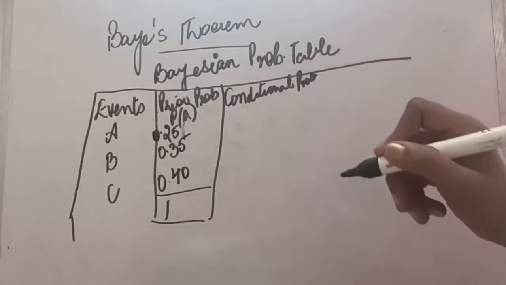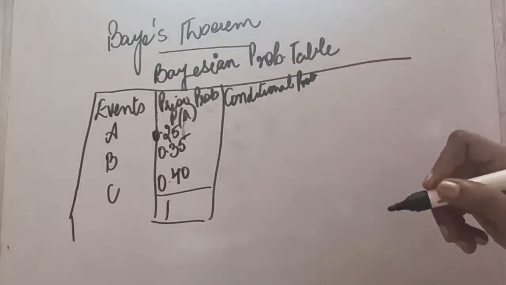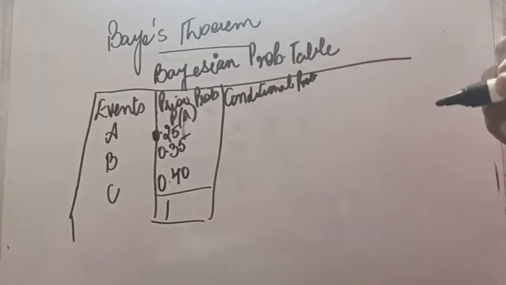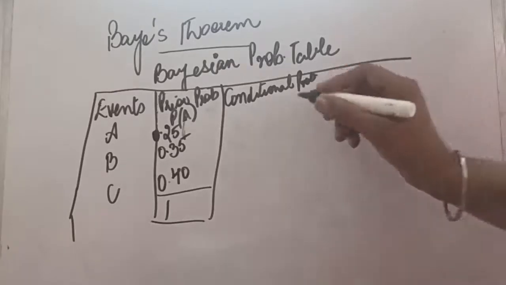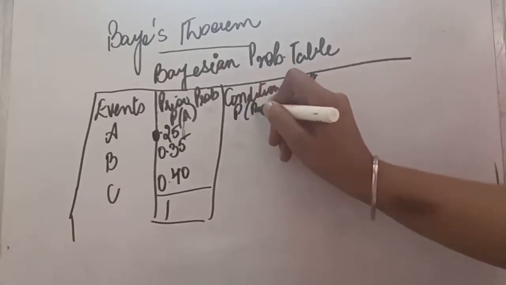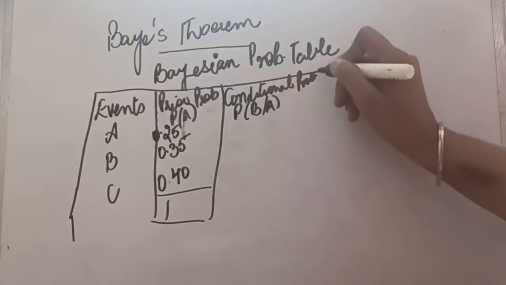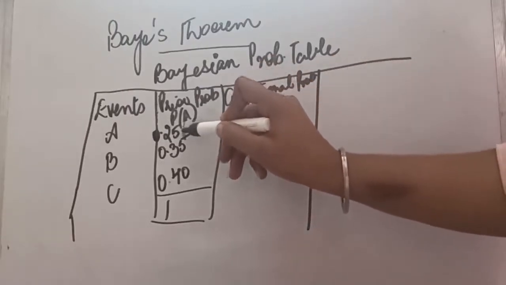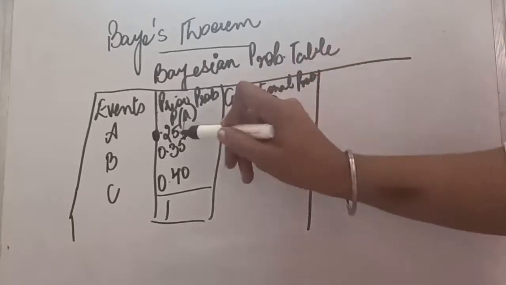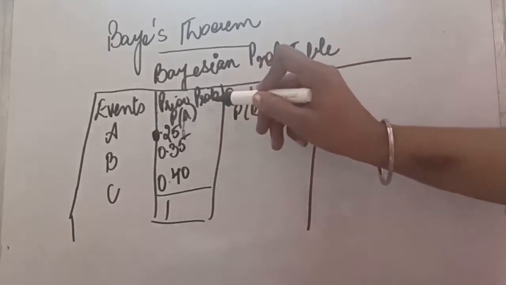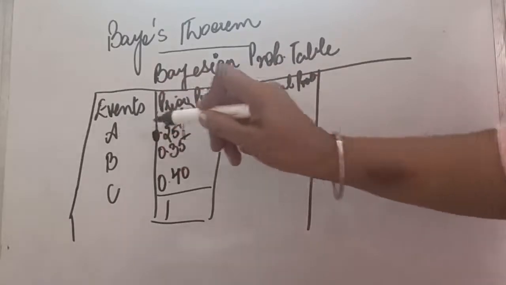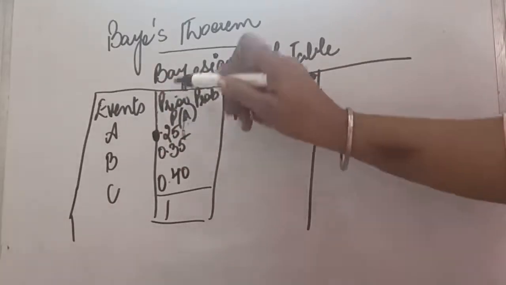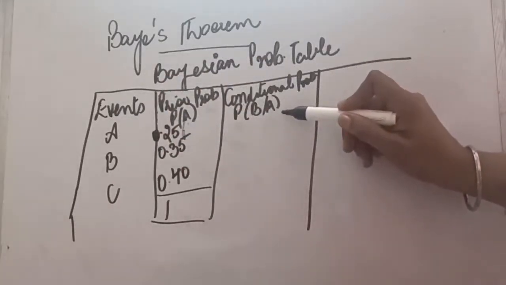This conditional probability means the probability of B given event A. So it is written as P(B|A), or we can say the probability of B depends upon A. As from the question it was clear that machine A is producing 25%, out of which a certain percentage was defective.